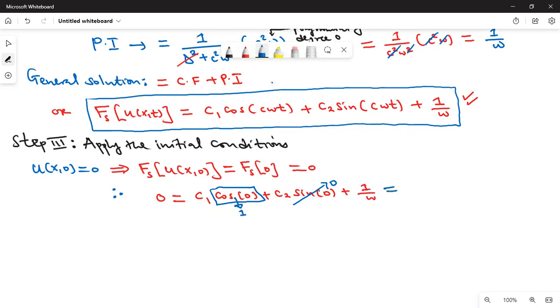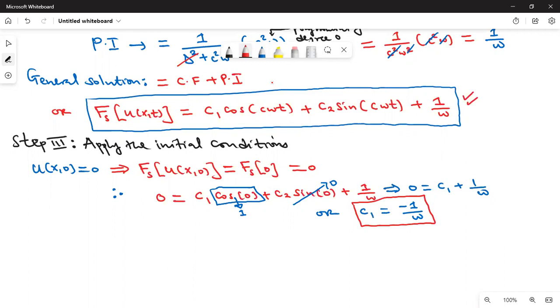So this implies that 0 is equal to C1, the C2 is not there because that is times 0, plus 1 over omega. Or C1 is equal to negative 1 over omega. So that's the value of C1, negative 1 over omega.